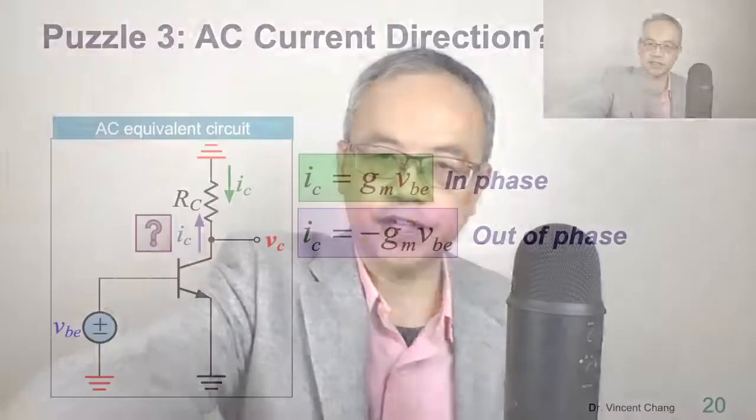Not in sync. 180 degrees out of phase means up, down, and then down, up, down, up.